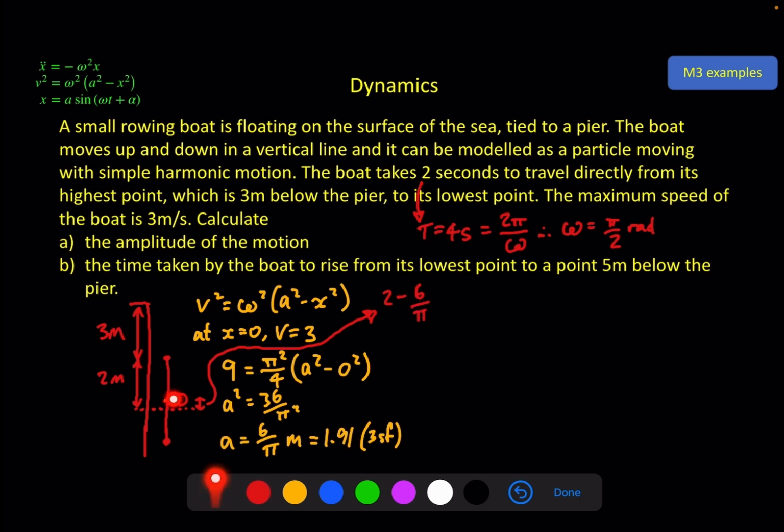So the displacement from O is this, and the displacement from O connected with time is this equation here. Now here's one of those slightly confusing things, because the time taken by the boat to rise from its lowest point is starting at the end point. We're not starting this motion at O for this question, we're starting from here. This is one case where I would use a cosine omega t.